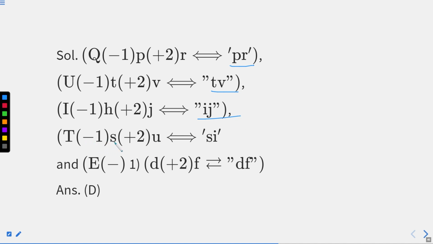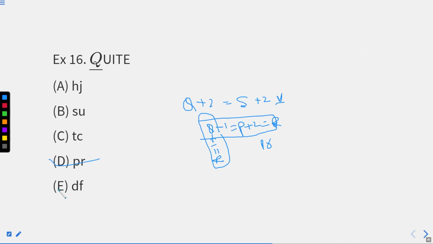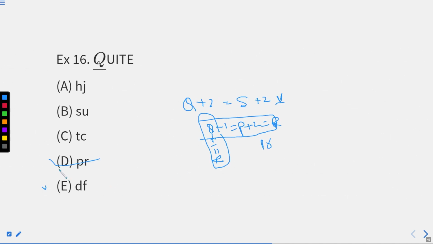T minus 1 is S, and plus 2 is U, it is going to be SU, just correct it. Okay, E minus 1 is D, and D plus 2 is F, so we are getting DF. So our answer is option D, that is PR. Here is option D. I have already marked it.